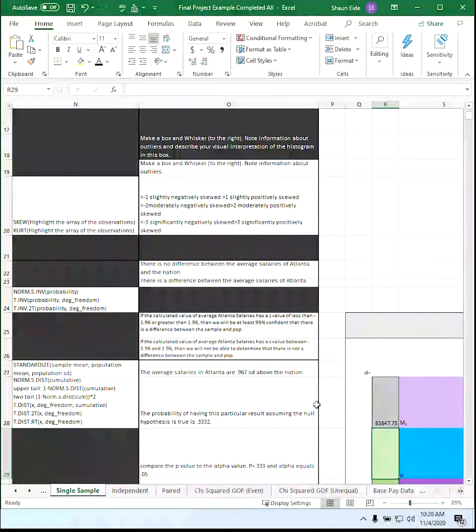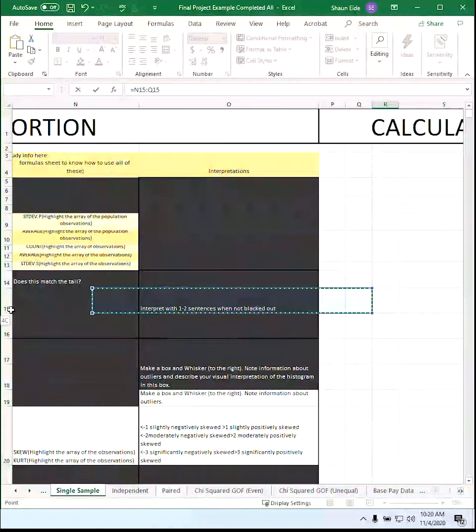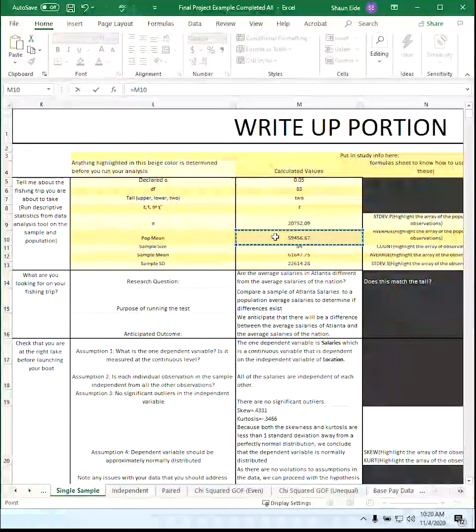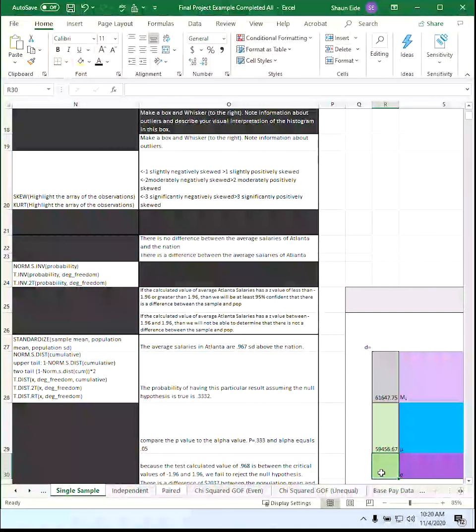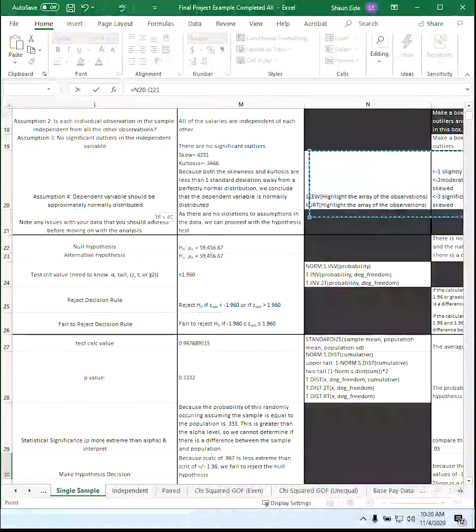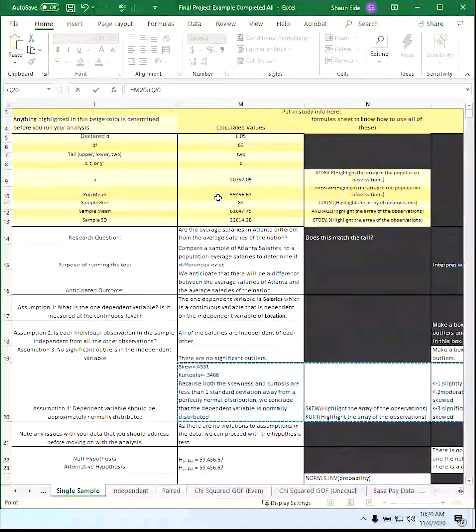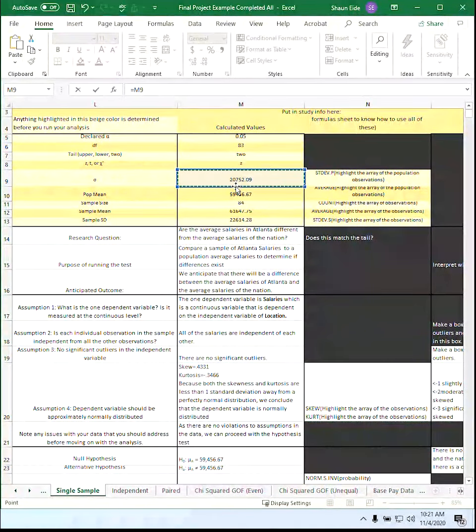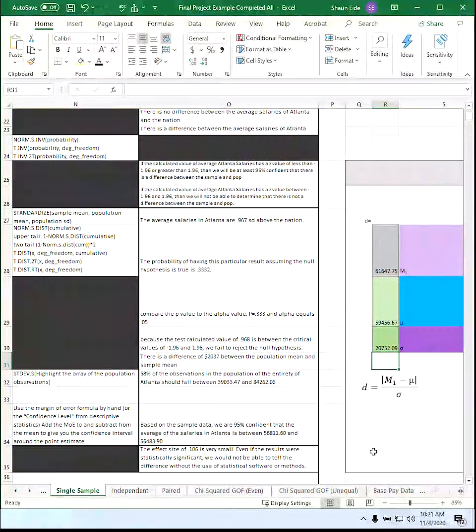And then I'm going to do the population mean equals the population mean. And then the population standard deviation equals population standard deviation. Okay, so I've got all those values in there.